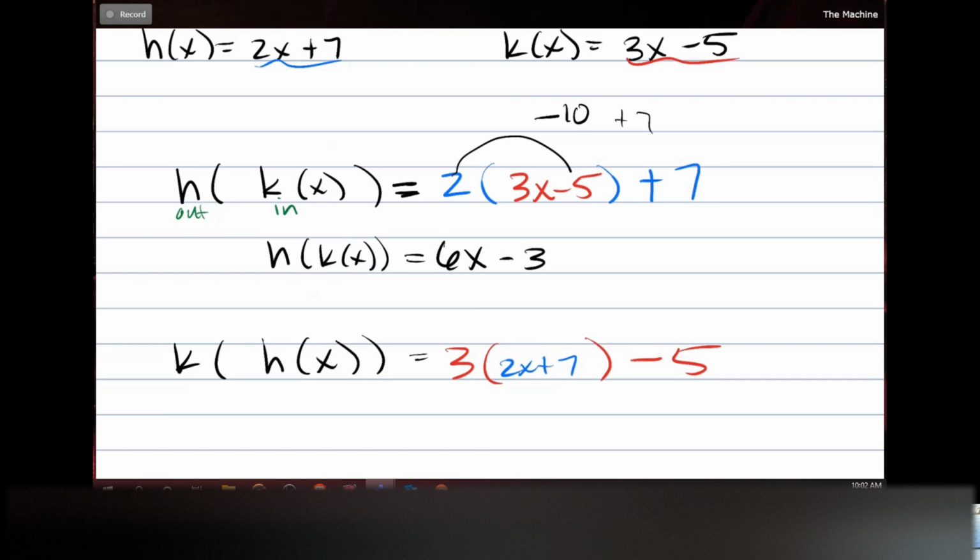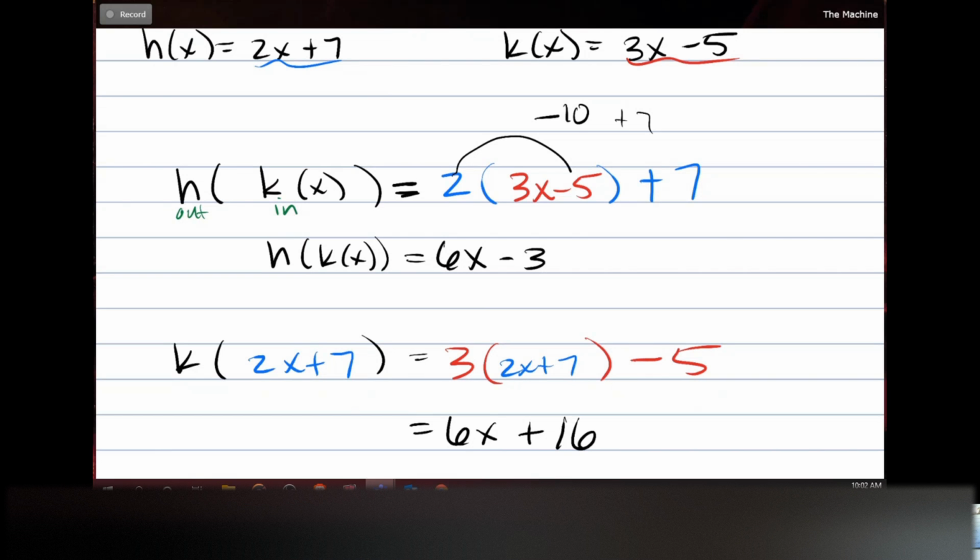Basically, I'm replacing h of x with what it is, 2x plus 7. K of 2x plus 7 means I'm going to put 2x plus 7 in every time I see an x in k. So what's this? 6x plus 21 minus 5, 6x plus 16.